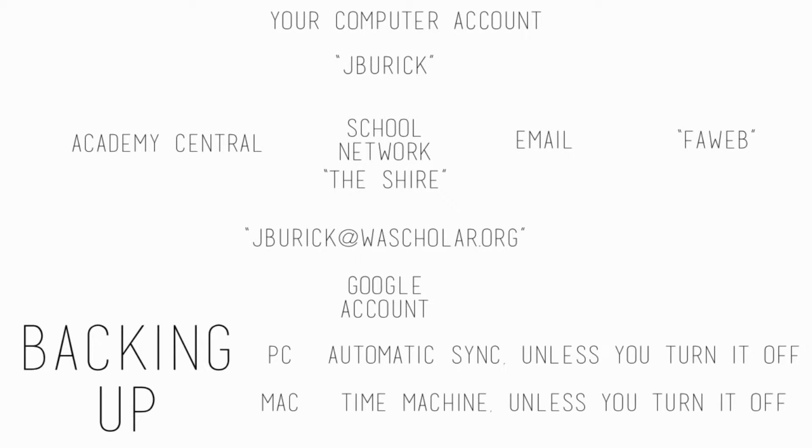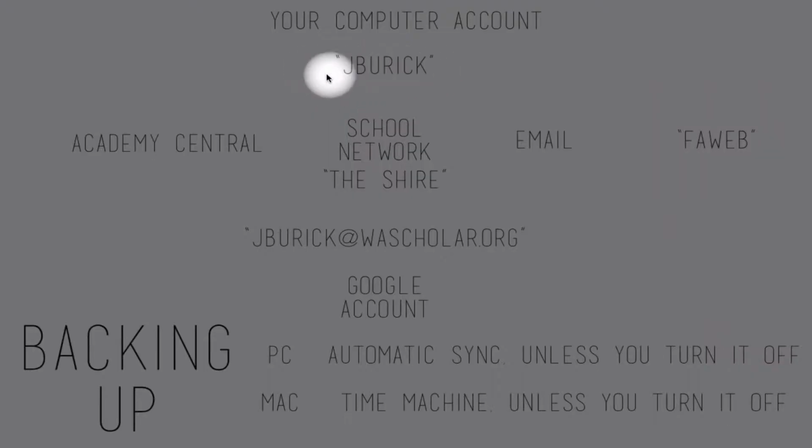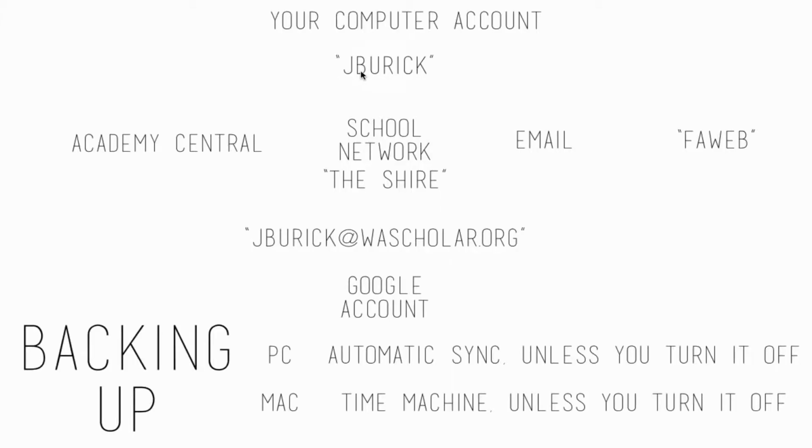But basically you do technically have two computer accounts. You have your main computer account. So you can see up here where it says J. Burek. That's my first initial, last name. That is my main computer account.